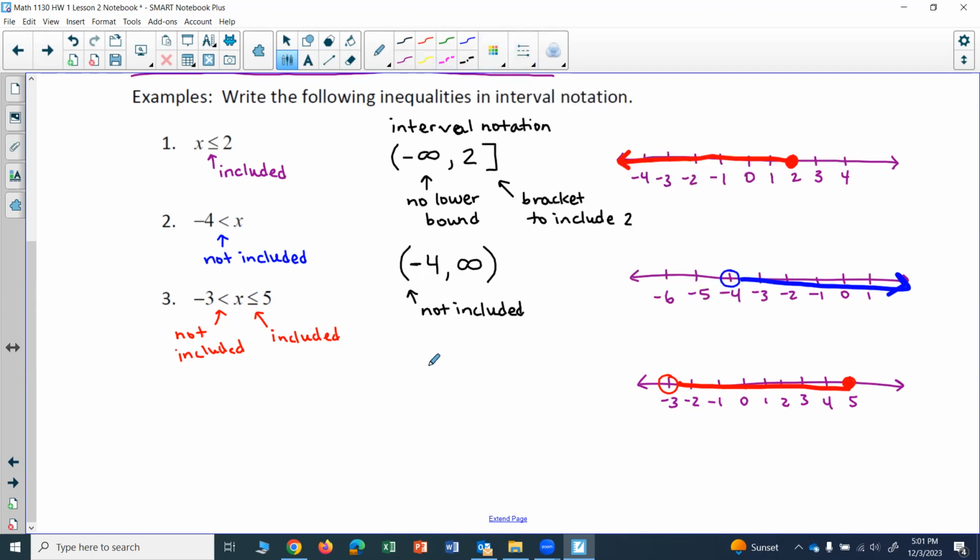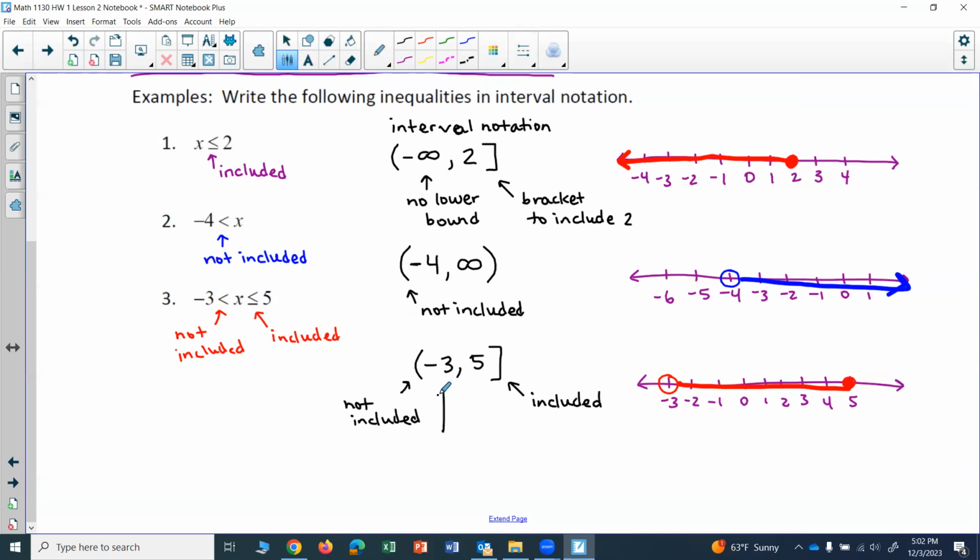And that will help me write the interval notation. So -3 is not included. So I'd put parentheses, -3, comma, 5 is my upper endpoint or upper bound. And I would put a bracket to include the 5. So parenthesis means it's not included. Bracket means that the endpoint is included.